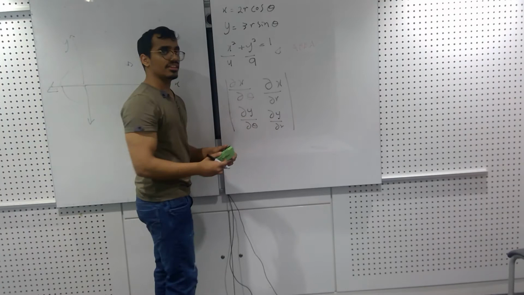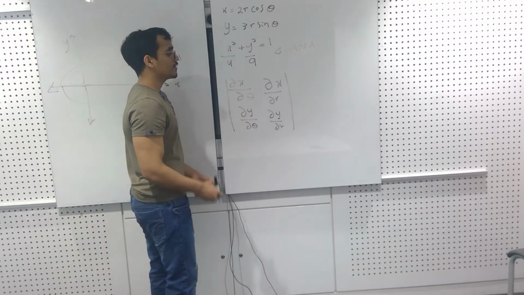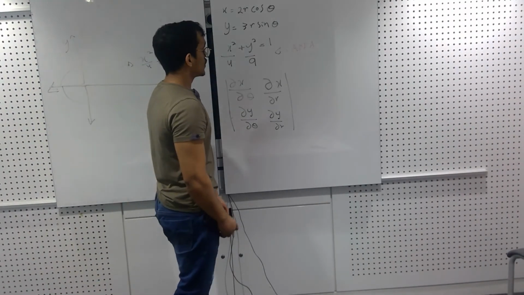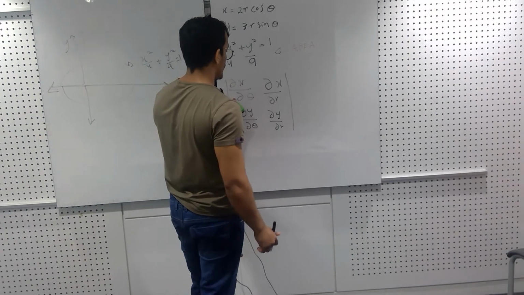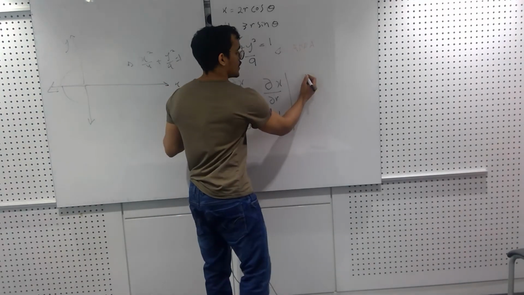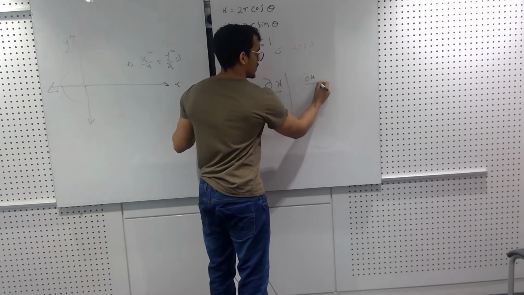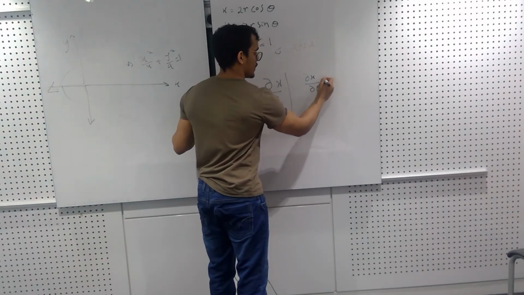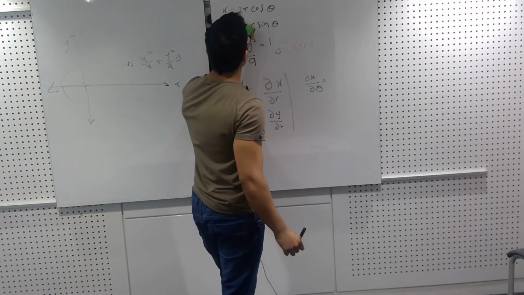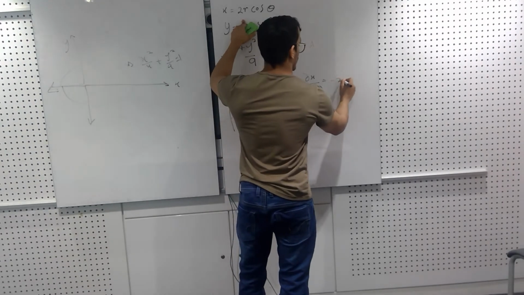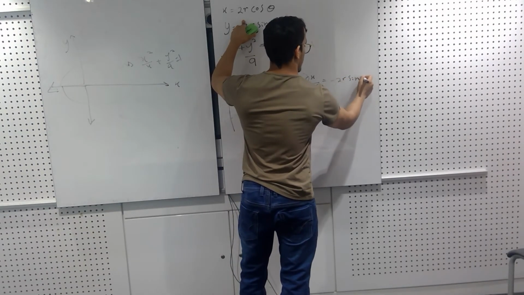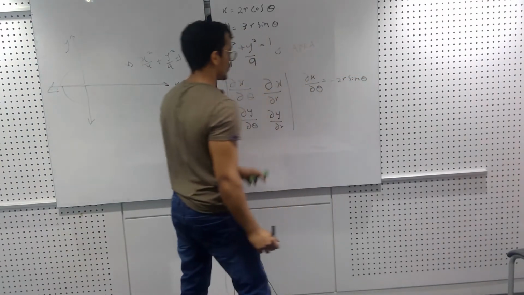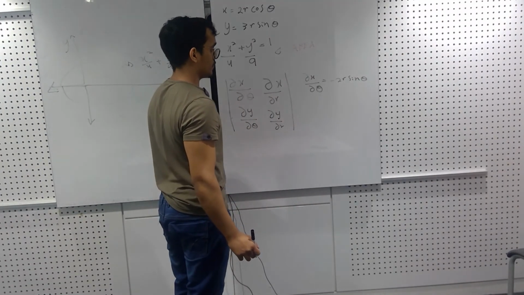Those curly d's mean we're taking the partial derivative. I will do one of them to show that. The partial derivative of x with respect to theta will be equal to negative 2r sine of theta, and so on for the others.